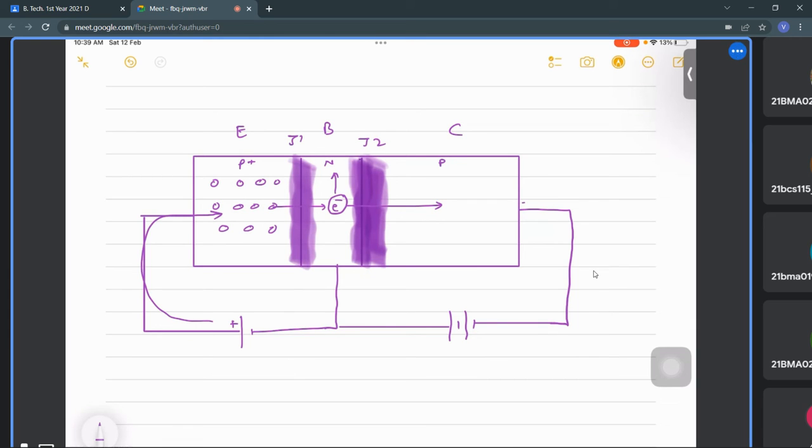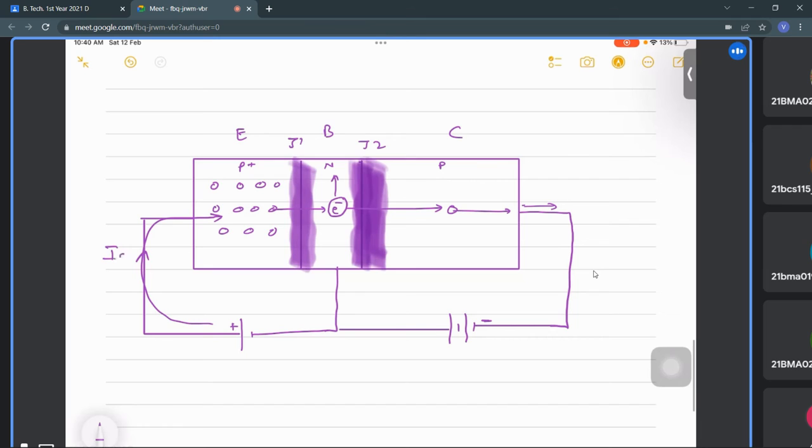So जो यहाँ holes पहुंचेंगे, because this is negative, so that's why it is moving towards this side. Okay, right? So one interesting thing which we have to see is that this is current IE, this is IB, and this is IC.